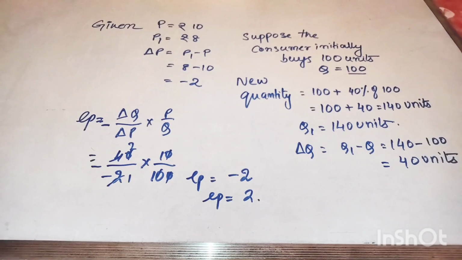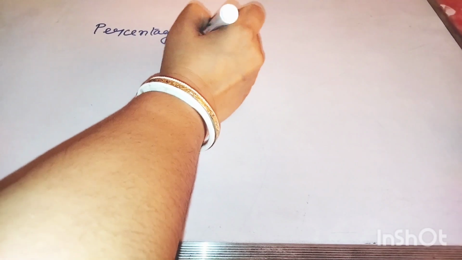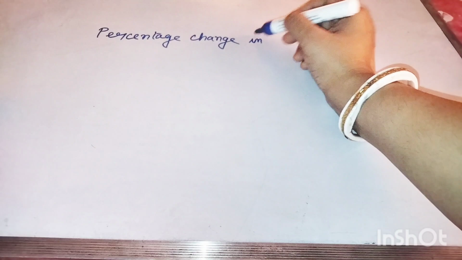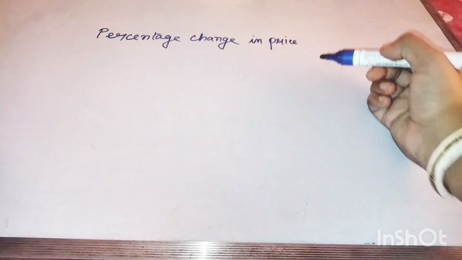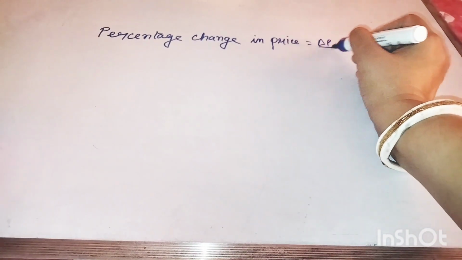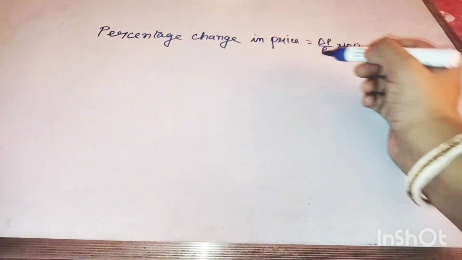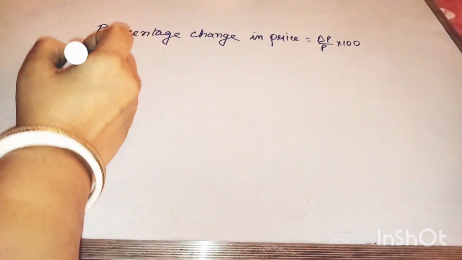Next method we are going to solve is percentage change in price. What is percentage change in price? Del P by P into 100. What is del P here? What is P1?